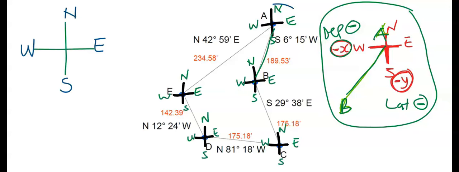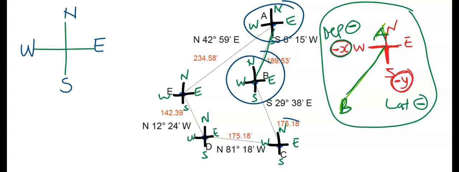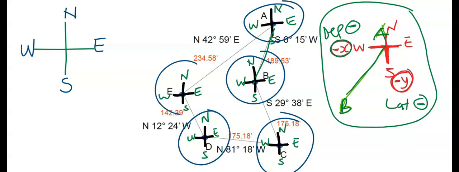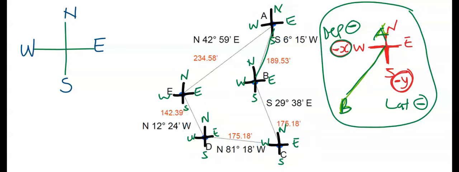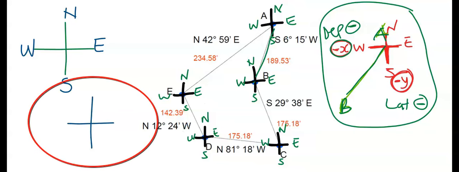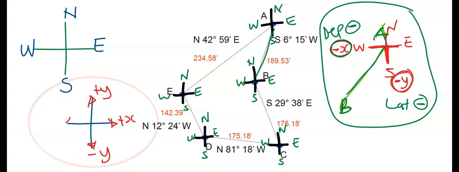After including your north, east, west, and south for each station, next, you consider your normal mathematics Cartesian plane, where this is plus y and this is minus y, this is plus x, and this is minus x.